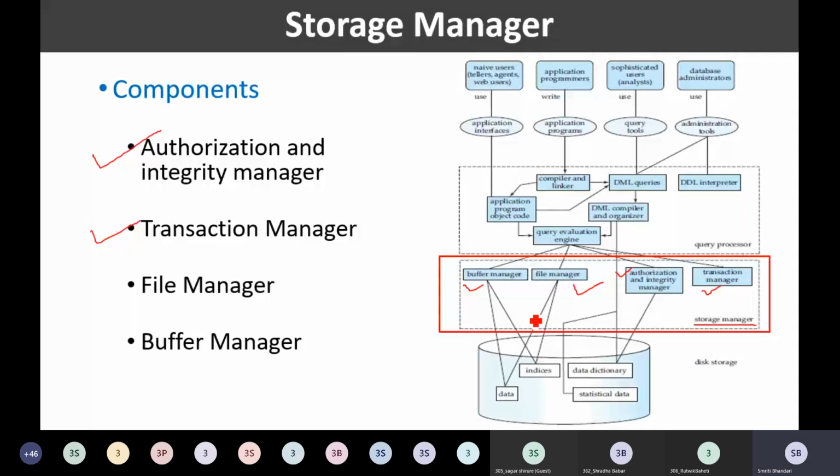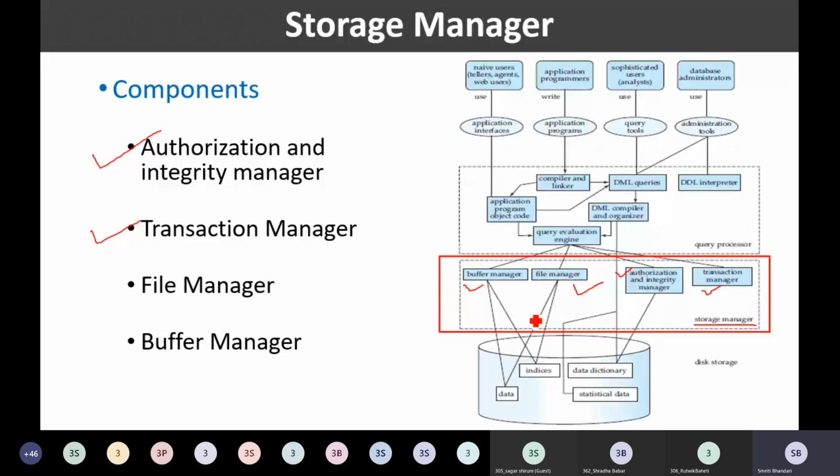The most important responsibility of the transaction manager is to ensure that our database system always remains in a consistent state. We had a little introduction to this concept earlier.